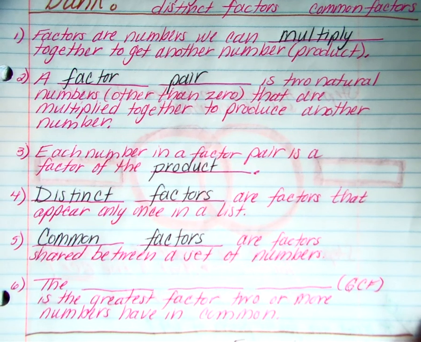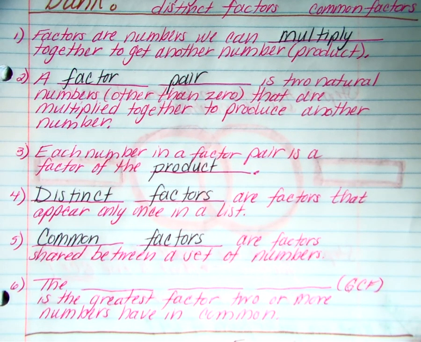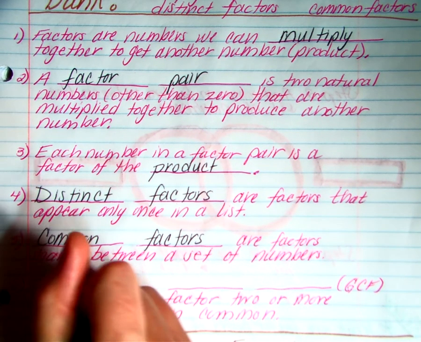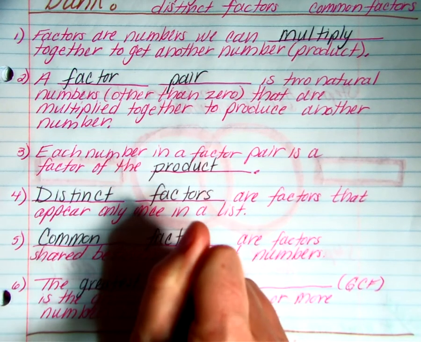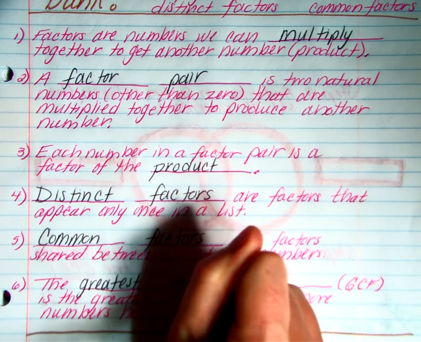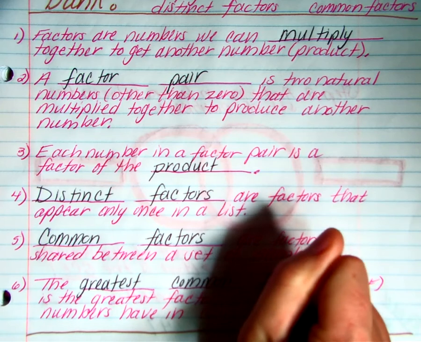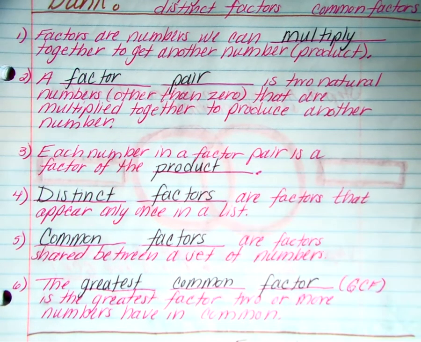The greatest common factor is the greatest factor two or more numbers have in common. Excellent work, Dragons. Excellent work. Let's go on to the next page.